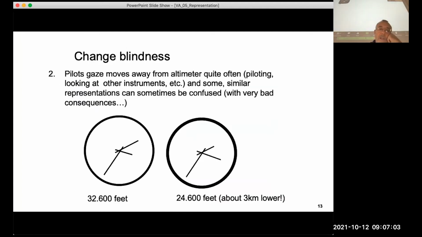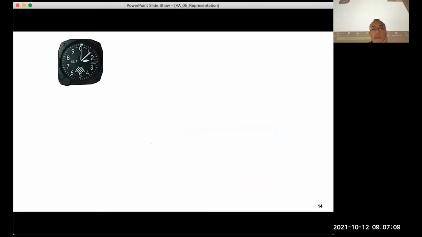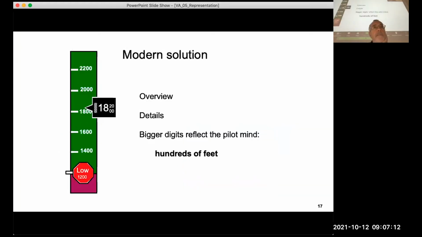All this long story. What is the actual solution? Now all the planes are equipped with electronic means, and this is the typical solution in all the cockpits of the airplanes we use to move around the world. You have a unique scale, providing the overview, starting from the ground to the top of your height for the flight.